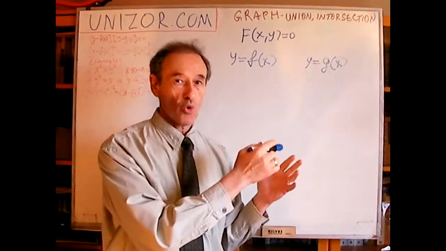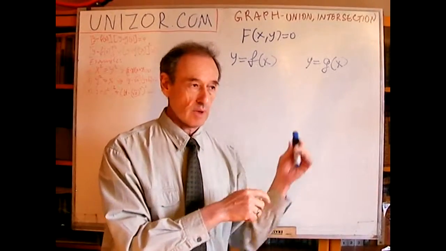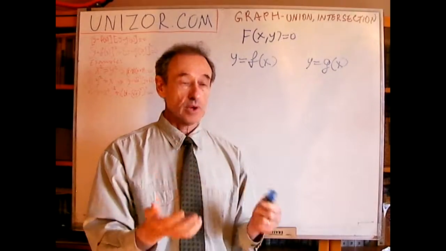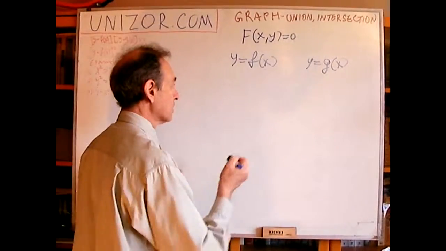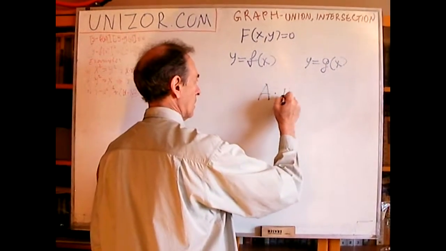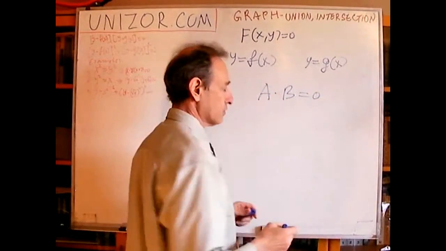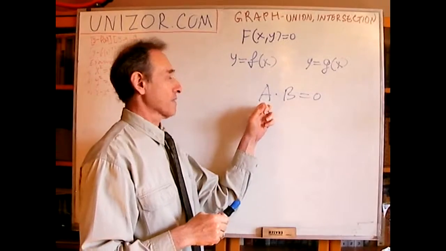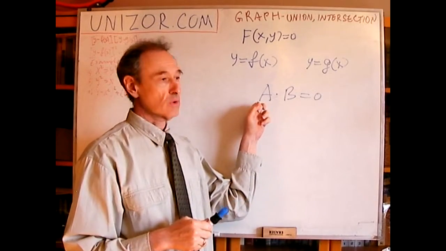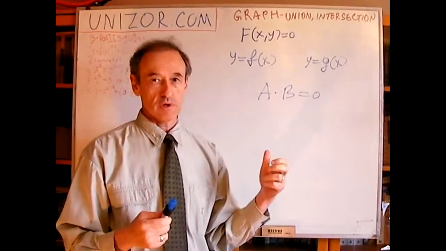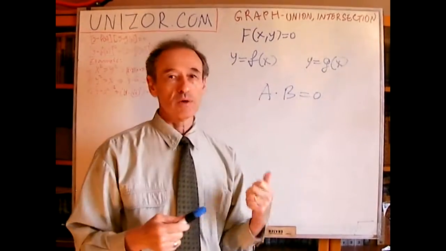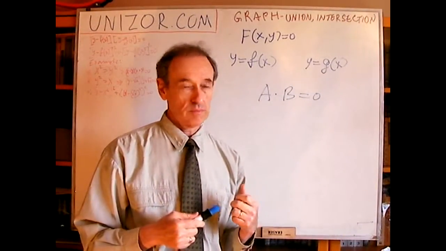Let's go back to the example I just mentioned, x times y is equal to 0. Recall that if you have a product of two things, a times b, which is equal to 0, then either a is equal to 0 or b is equal to 0. Both actually result in the whole equation being true.